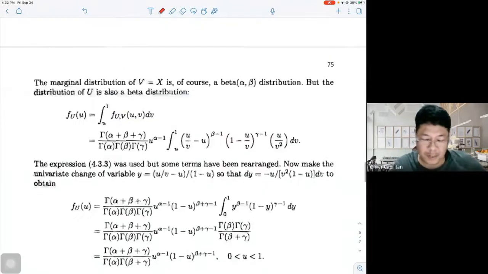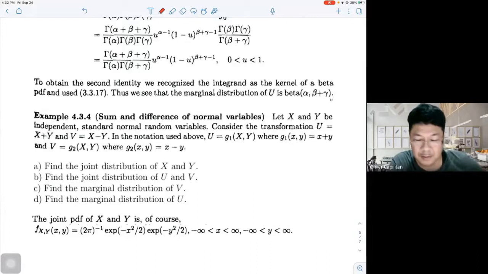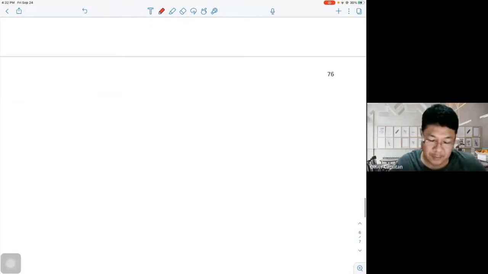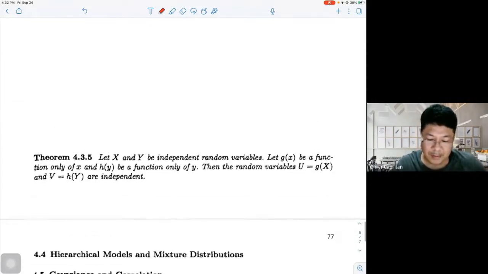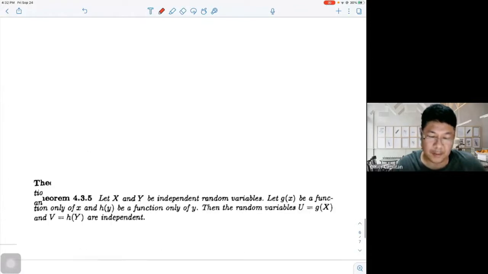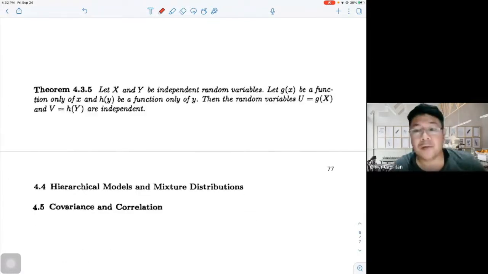A continuous case, that would be the sum and difference of normal variables. And then after that, some normal variables. Okay, so we have this theorem. Mayroong space dyan para sa computation. And then the last theorem will be for section 3, theorem 4.3.5.